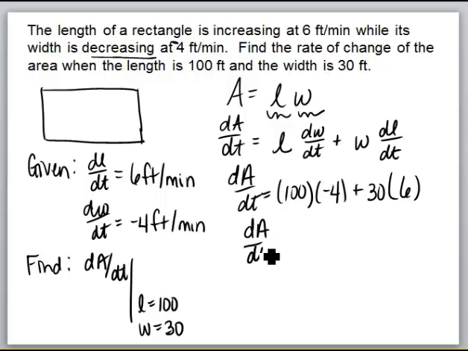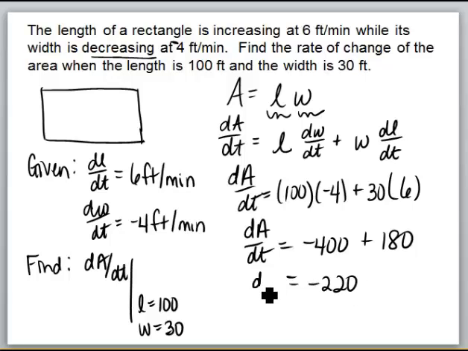So dA over dt ends up being -400 plus 180. Well, that's -220. Area is described in square units, so in this case, square feet, and the time is every minute. So the area is actually decreasing at 220 feet squared per minute in this problem.